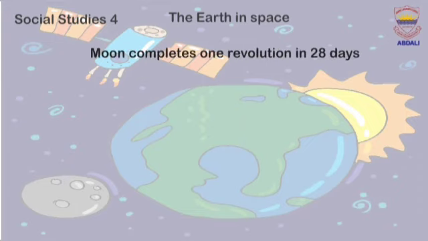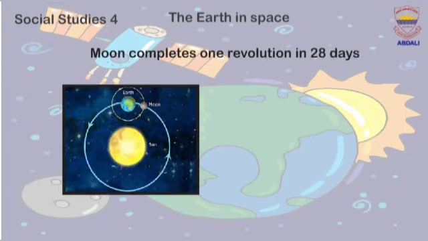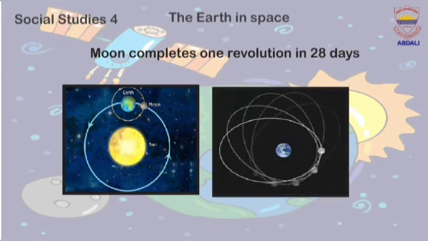Dear students, moon completes one revolution in 28 days around the earth. Now students, it's your turn. Tell me how long it will take to revolve once around the earth.